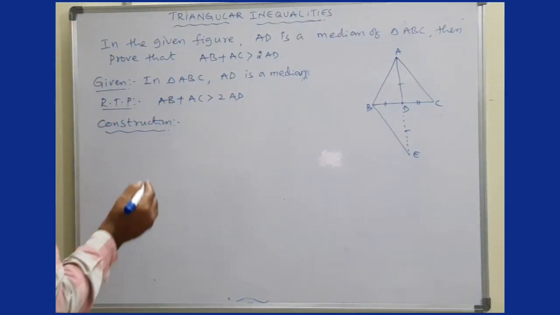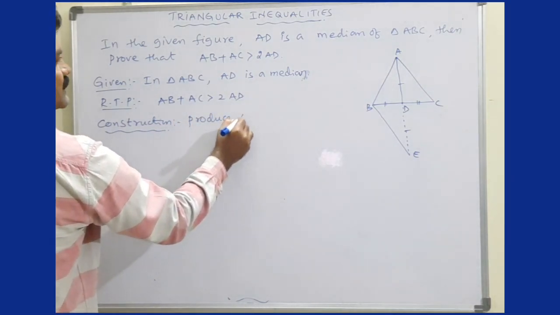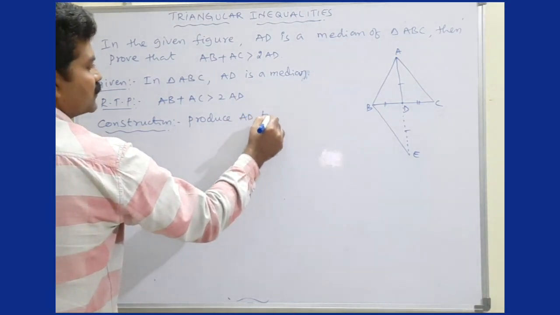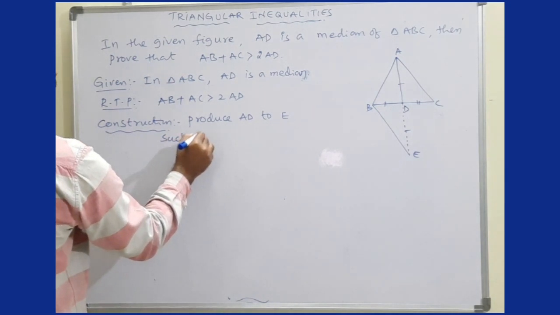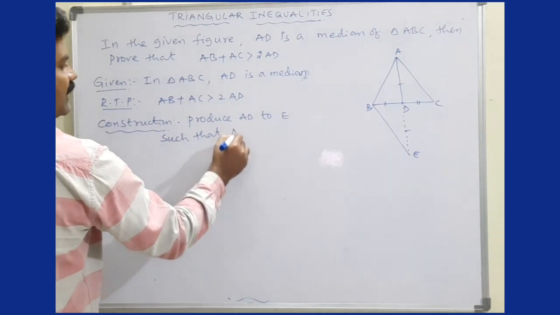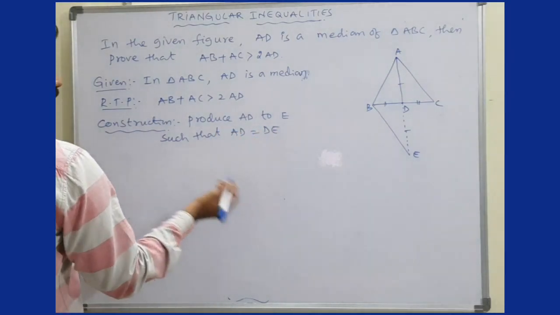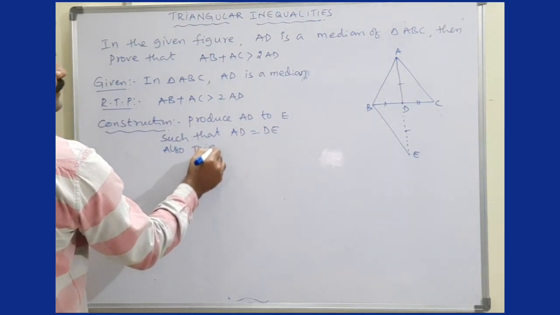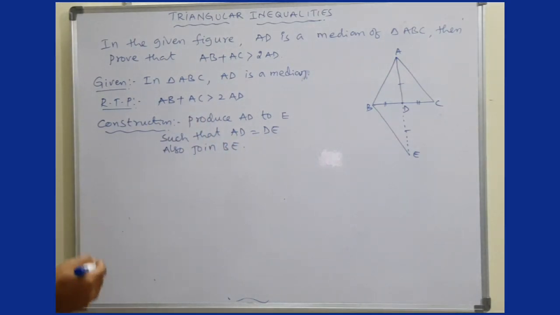Okay, so write it. What is the construction? Produce AD to E such that AD is equal to DE. Also join BE. Fine.